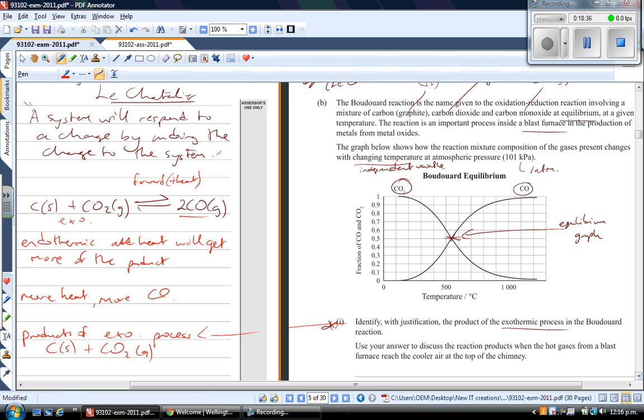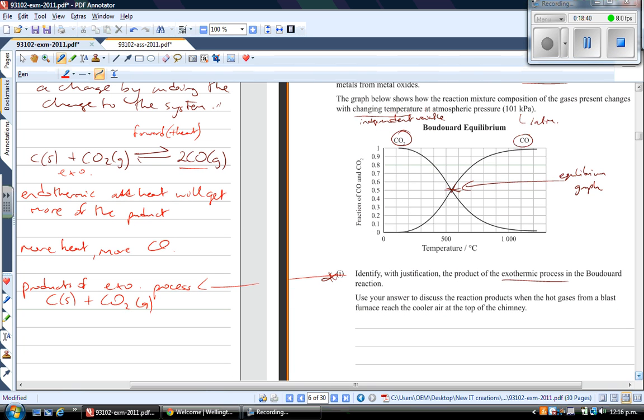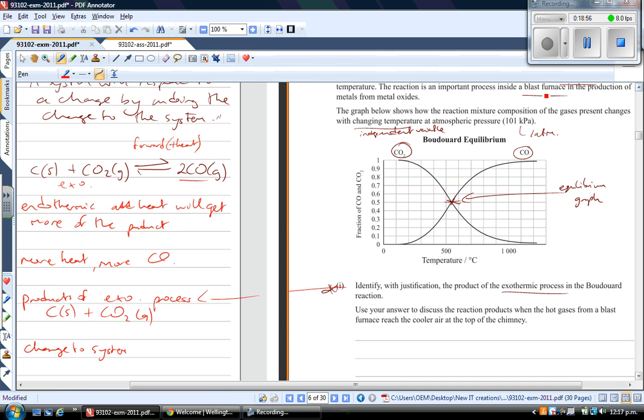Now the way I used to teach this with level 2, just to give a bit of structure to your answer, there's always going to be a change to the system. Our system is the mixture of carbon solid, carbon dioxide gas, and carbon monoxide gas inside the column, the blast furnace.